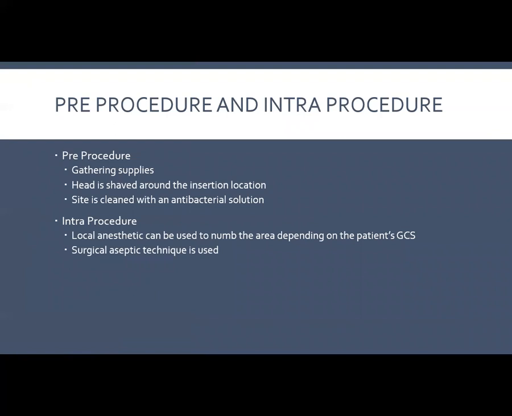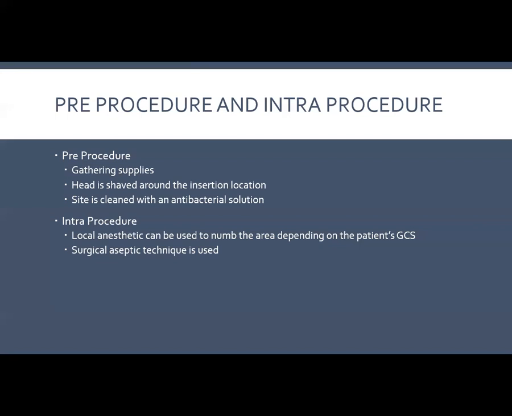So before your pre-procedure, you want to gather your supplies. The head is typically shaved around the insertion location, and the site is cleaned with an antibacterial solution. Depending on the location of where this procedure takes place, it may either be the neurosurgeon or the nurse. Like in surgery, a lot of times this prep is done by the circulating nurse, while in the ICU or in the ER, it may be done by the neurosurgeon.